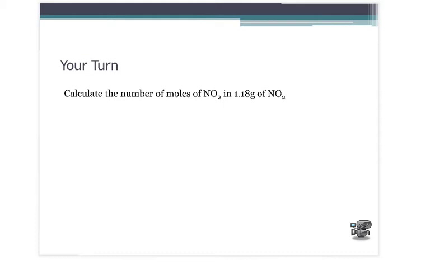1.18 grams of NO2, and we know that we're going to use the formula mass for NO2 as our conversion factor. So the formula mass for NO2, when we calculate it, is 46.01 grams per mole. And then we use this conversion factor to figure out the number of moles that we have.